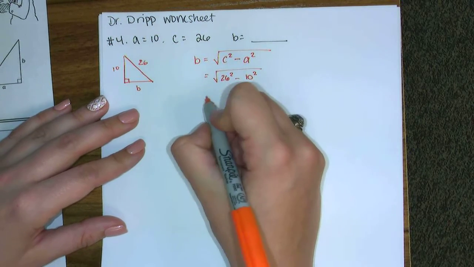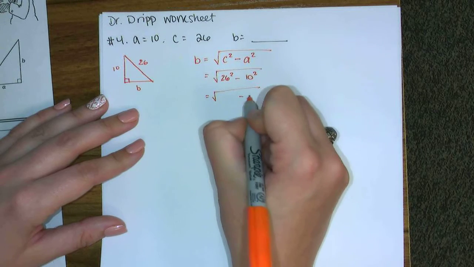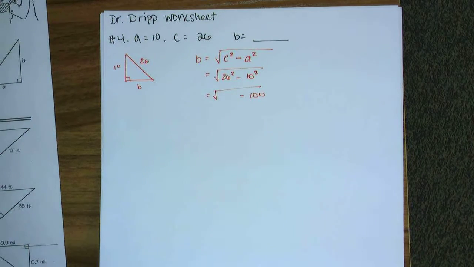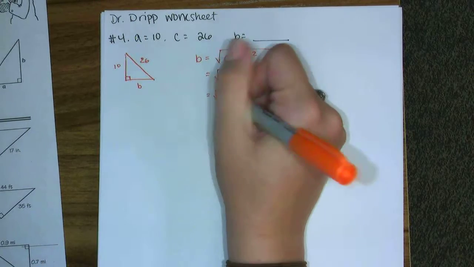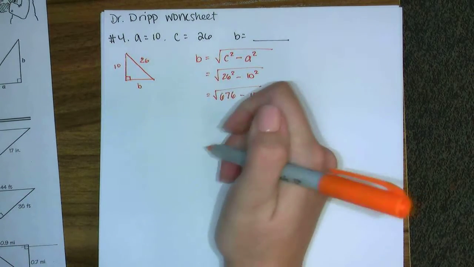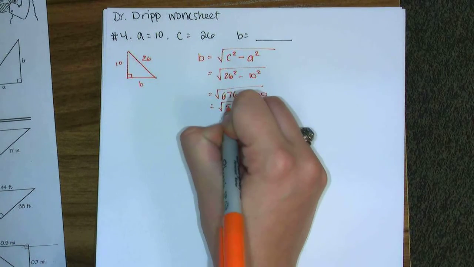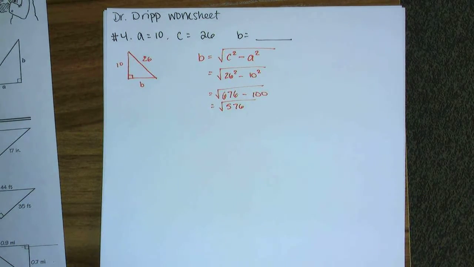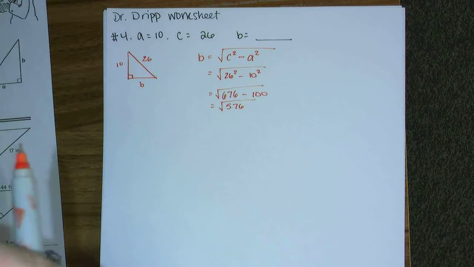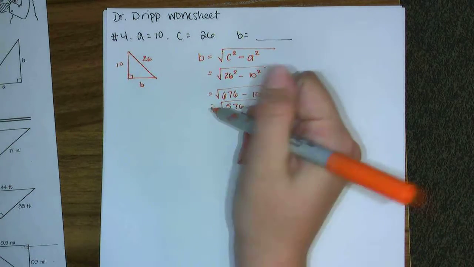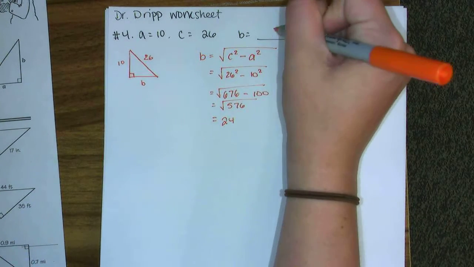Well, I know that's 100, and 26 squared is 676. So this becomes the square root of 576. And taking the square root of 576, we get 24. So B is equal to 24.